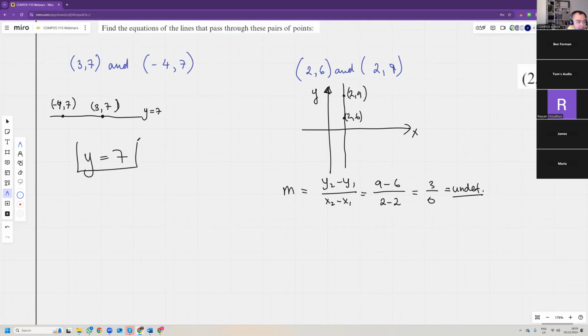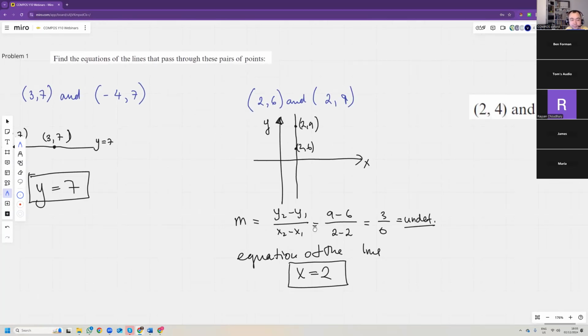That's the equation of the line. And that makes sense. Y is always 7. That's what it says here. Y is always 7. It is. For any point, y would be 7. For a vertical line, the equation of the line is x equals 2. That's the equation of a vertical line.